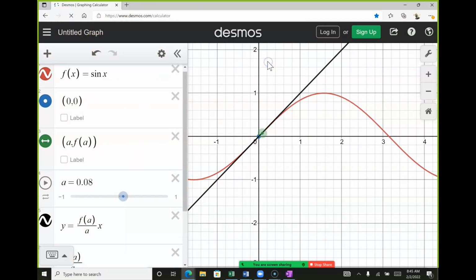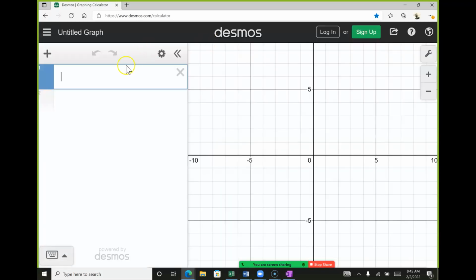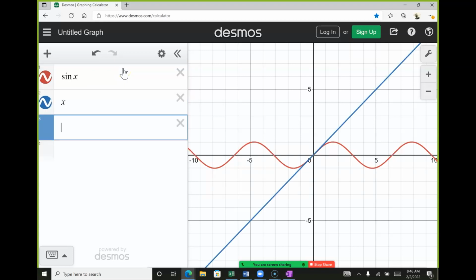So I just want to notice that sine of x is greater than x, which is greater than tan of x.